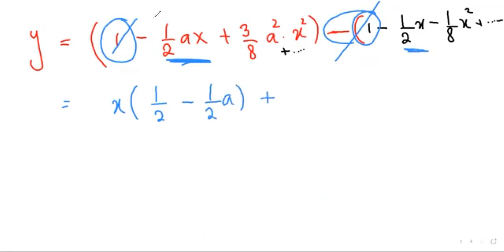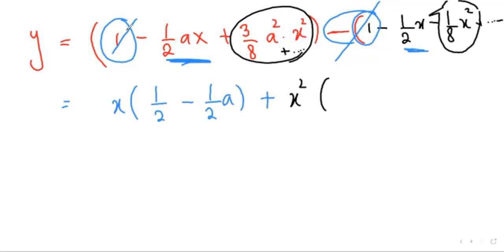Similarly, here we have the x square containing part and here we have the x square containing part. So we can take x square as common. So it would be 3 by 8 a square plus 1 by 8.